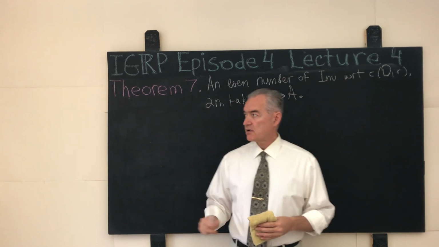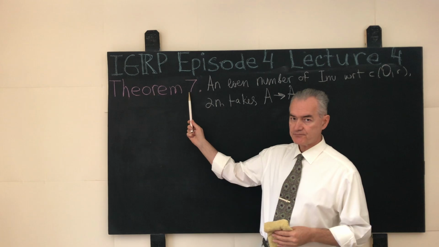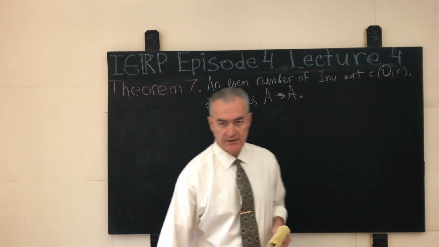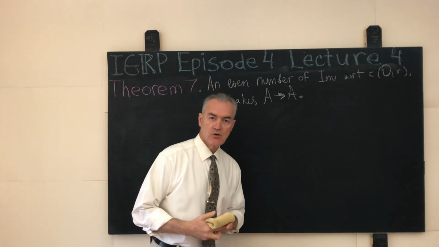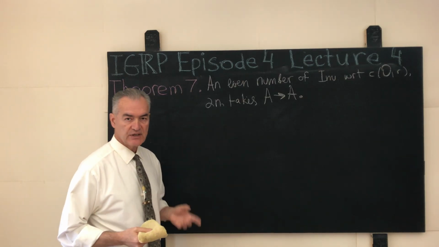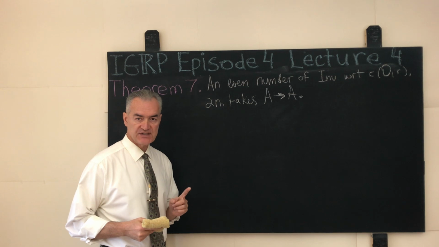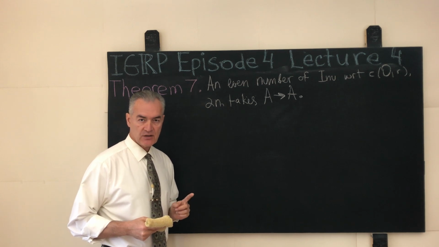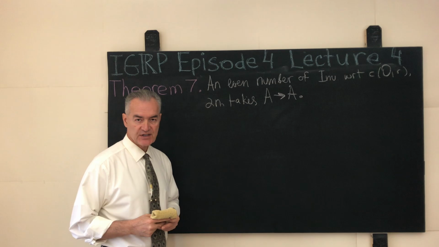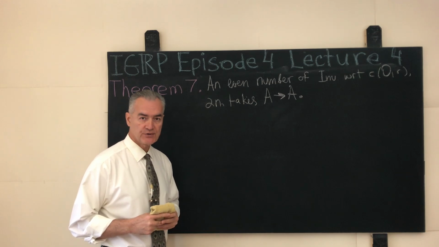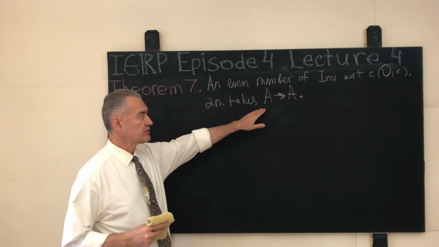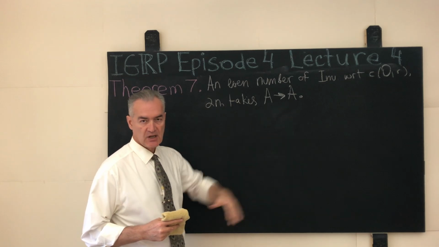The theorem number 7 claims that any even number of inversions of the real plane with respect to one and the same circle and one and the same power carried out in succession applied to the same point A takes that point into itself.